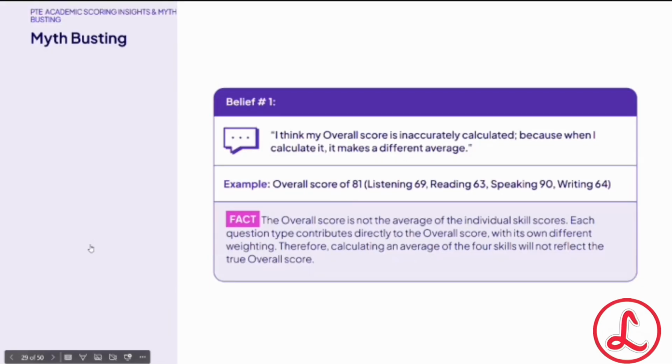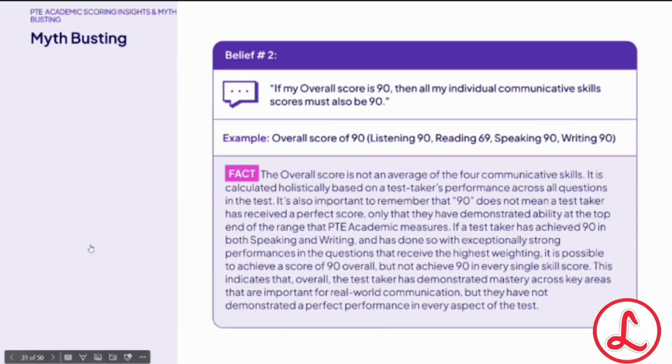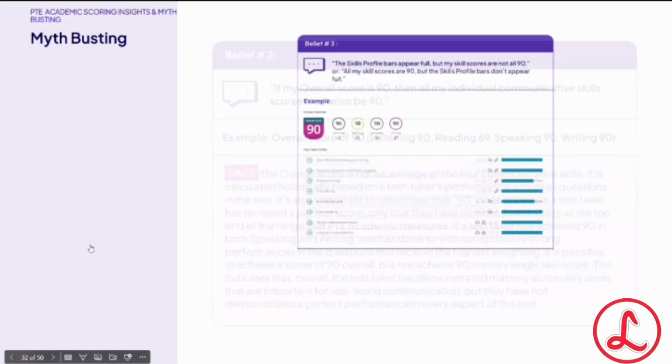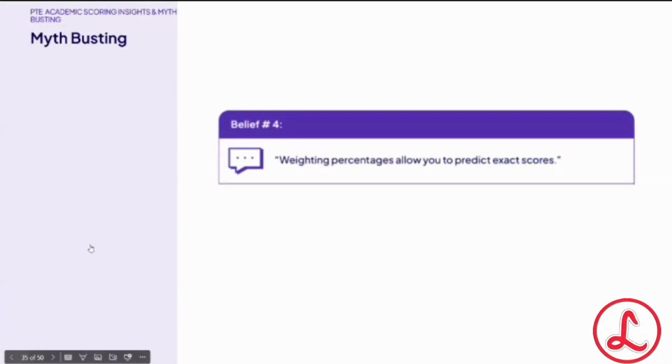All of these myths are actually in the document itself, so you can review them as well. So I'll skip over this one because we've already covered it. This one because we've covered it. We'll just do one more before we move to questions for the group.